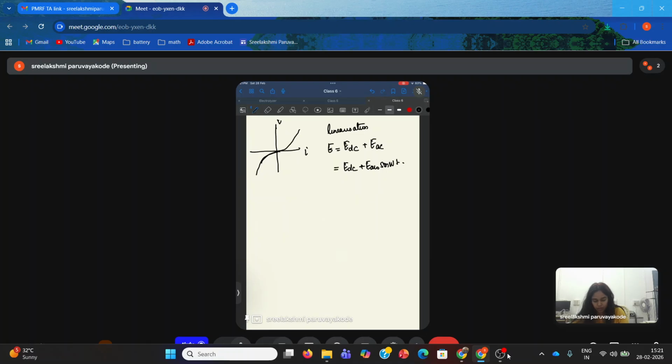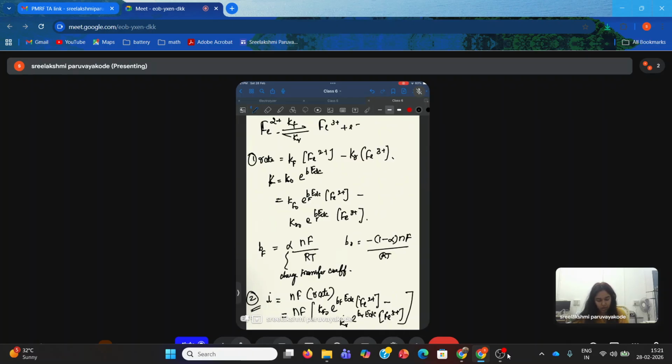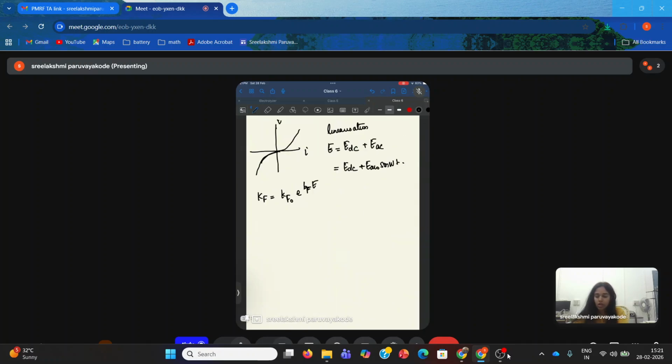Now the next one is, if I take the rate constant of the forward reaction, it becomes kf naught e to the power bf into E. When you're doing the DC measurement, this is written in terms of the DC potential you are applying. But when I'm coming to impedance, it has both AC and DC bias.